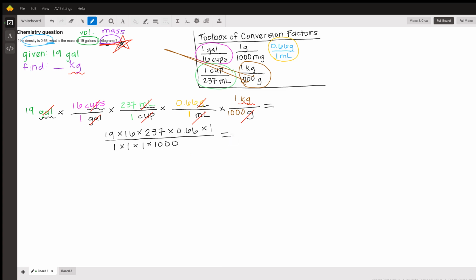If you're using a scientific calculator, make sure to put parentheses so that the multiplication and the division happens properly. Then whatever answer you get will be in kilograms, because that's what they were asking us for. And if your teacher cares about significant figures, it looks like we have two sig figs here because of the 19. So make sure your answer is to 2 sig figs. Hope that helps. Thank you.